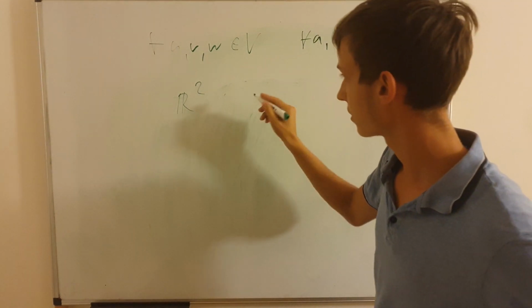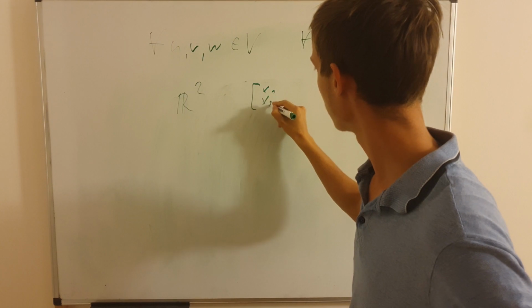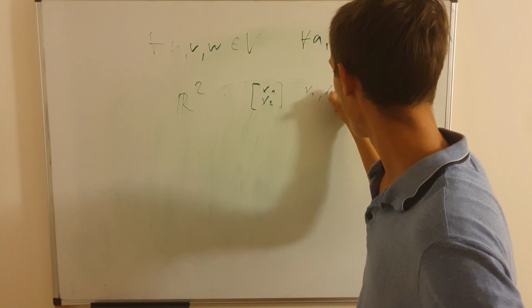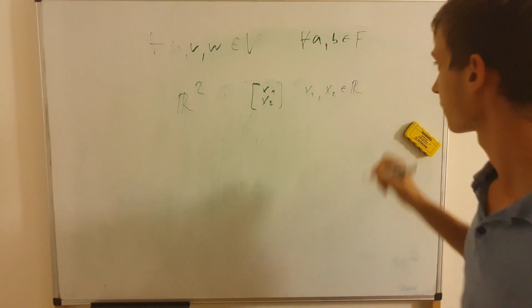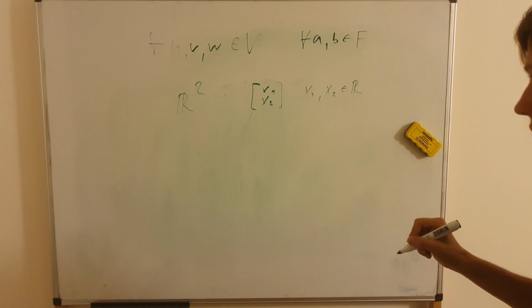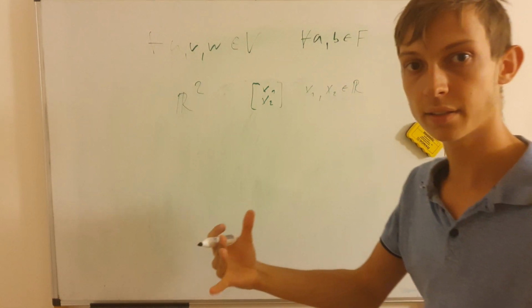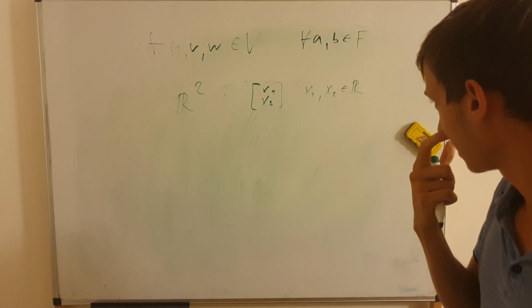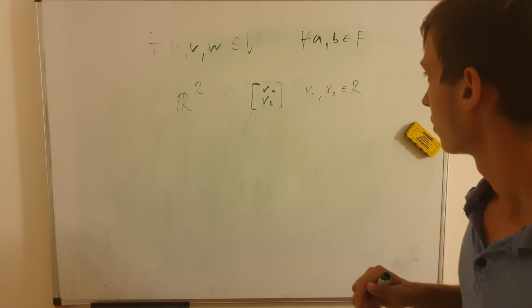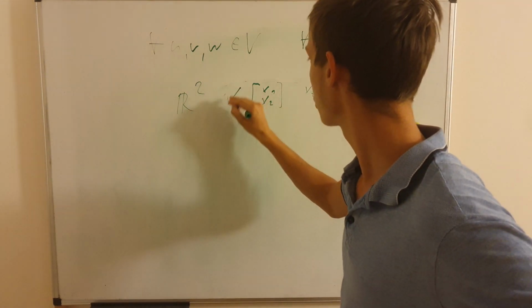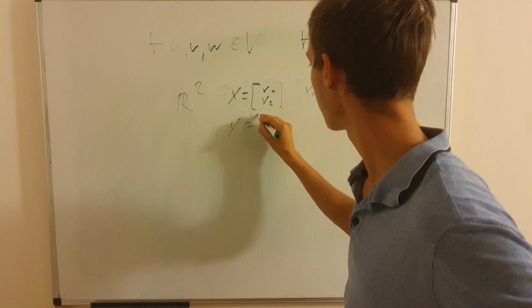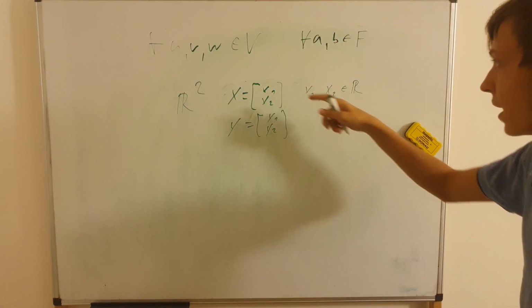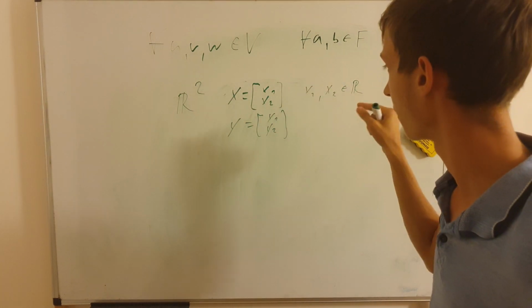If we take vectors that have x1, x2, where x1, x2 are in R, then we can play with this and prove that the previously mentioned requirements are satisfied. So let's take two vectors, for example x and y, from this set. This set contains all two-entry vectors that have their entries coming from R.